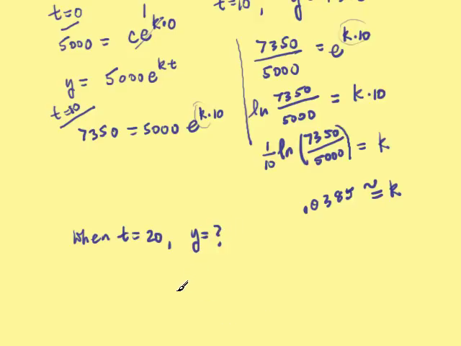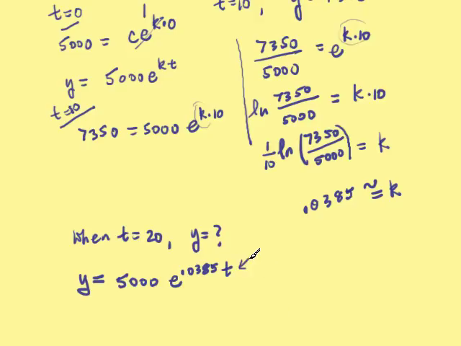So now we know what our function is because we figured out what c and k are. So here's our function for population growth. y is equal to 5,000 e to the 0.0385. That's our k, t.